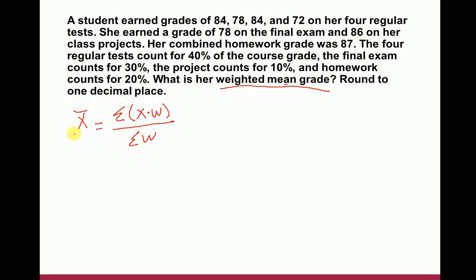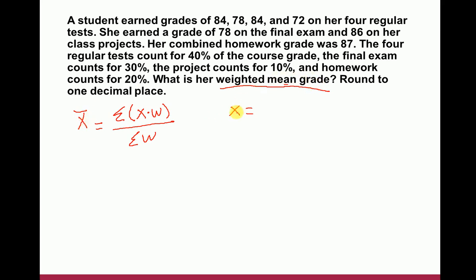So x bar is the weighted mean rate, and the x inside here is the data. So it has to match with the one that we are looking for, which is the rate.